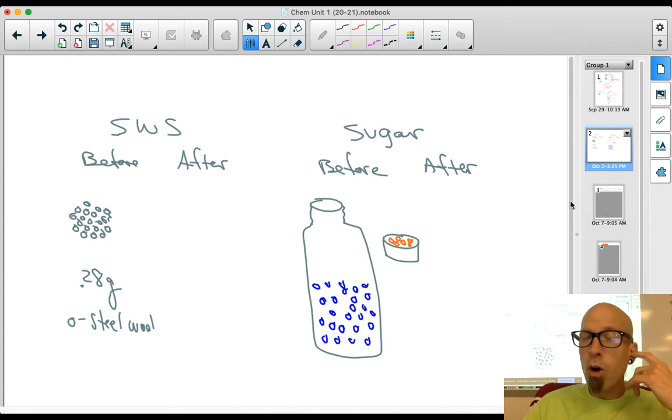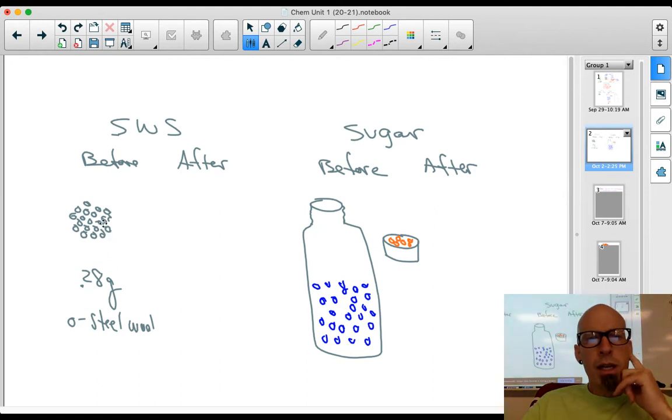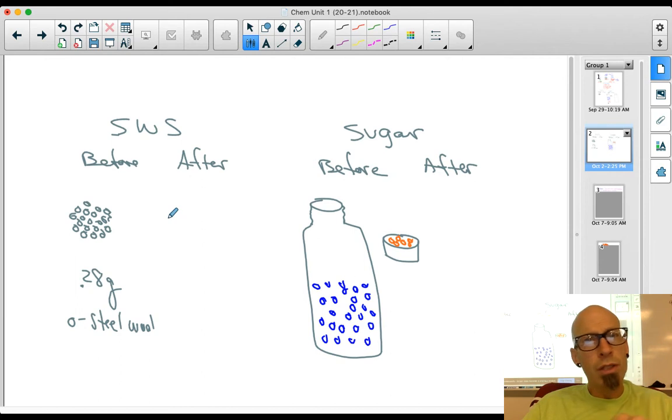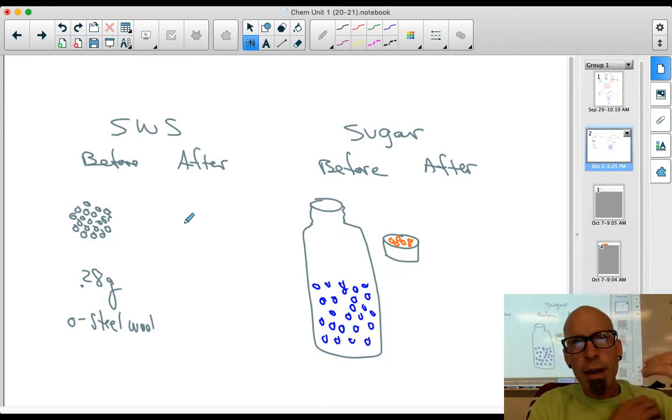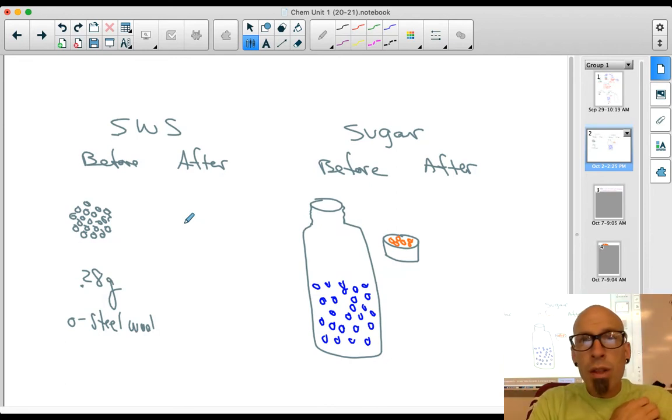For the steel wool burning one, the heated steel wool, some groups had the mass go up, and we said, well, I wonder if there's something from the flame that deposited itself on the steel wool that wasn't there before. So in those cases, if your mass went up for the steel wool heating part, maybe you would draw a second kind of particle on the steel wool that wasn't there before, and label it like unknown particle from flame. I don't know what you would call it.